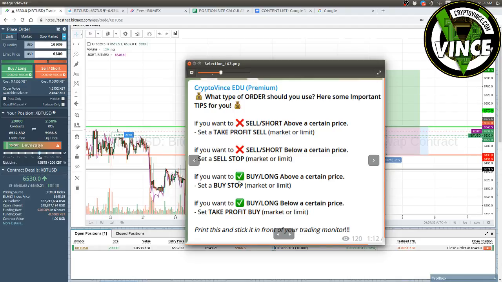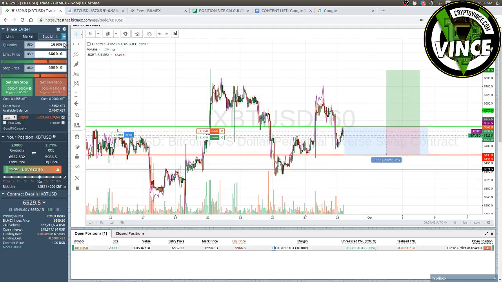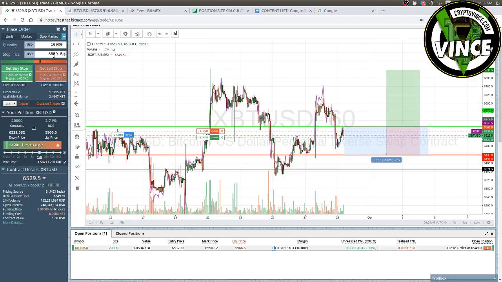So you might get confused on this one. A buy stop, of course, is made with a stop loss here. So you can either use a stop market or a stop limit. The difference again is the same. If you use a stop market, I'm buying directly into the order book as soon as my stop gets hit.